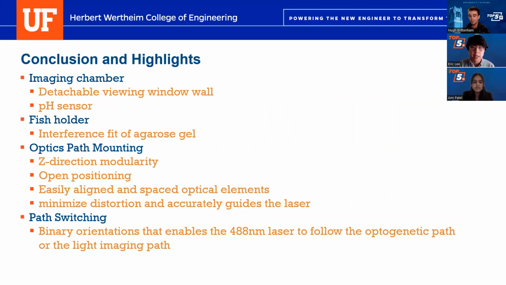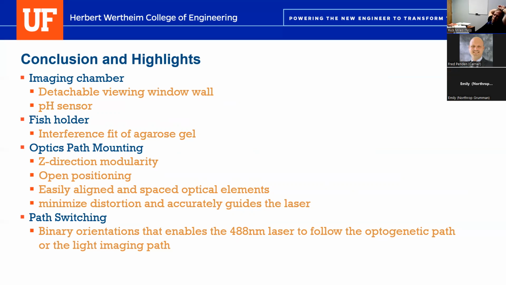An imaging chamber that features a detachable viewing window and pH sensor for proper laser light protections and specimen comfort. A fish holder that can easily be removed and have the agarose gel applied and hold the zebrafish in a safe and secure manner. Our mounting system that highlights the practicalities of magnets in manipulating stationary objects' positions, as well as our track system that adjusts the height of our mounts in the range of a few millimeters to a few inches.